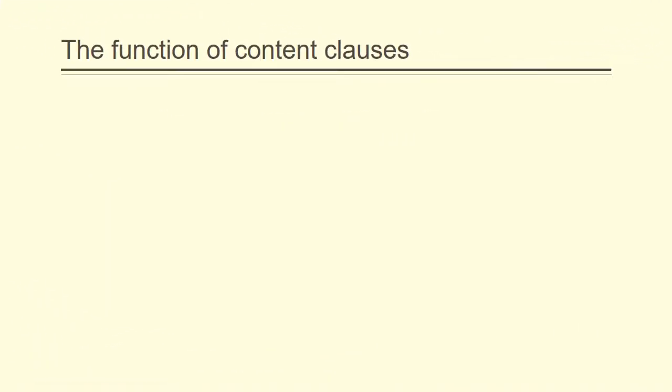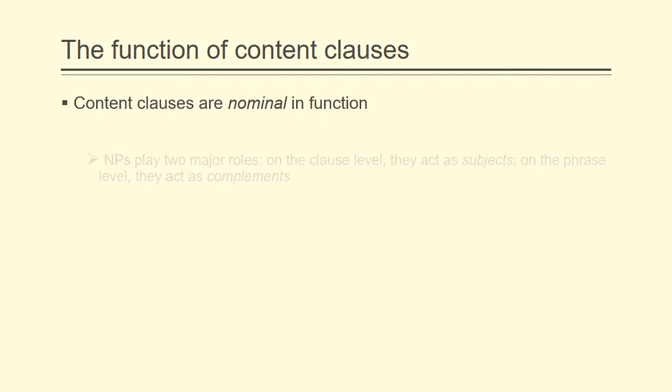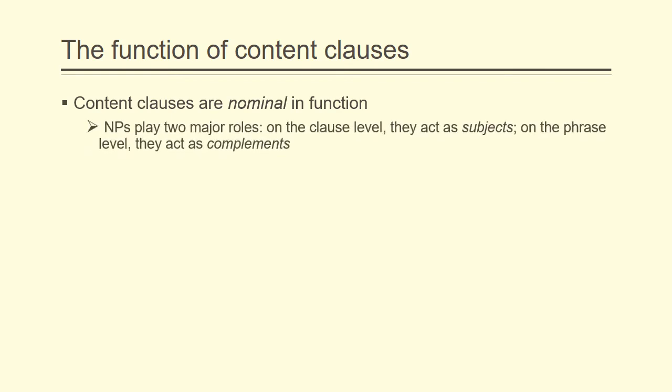Thinking a little bit about the function of content clauses, they are, and this is very important, nominal in function. So if you consider noun phrases, these play two major roles. On a clause level, they act as the subject of a clause, and on the phrase level, they typically act as complements.